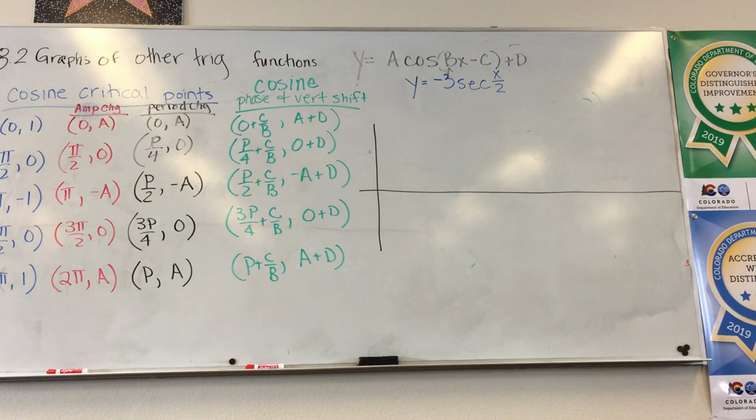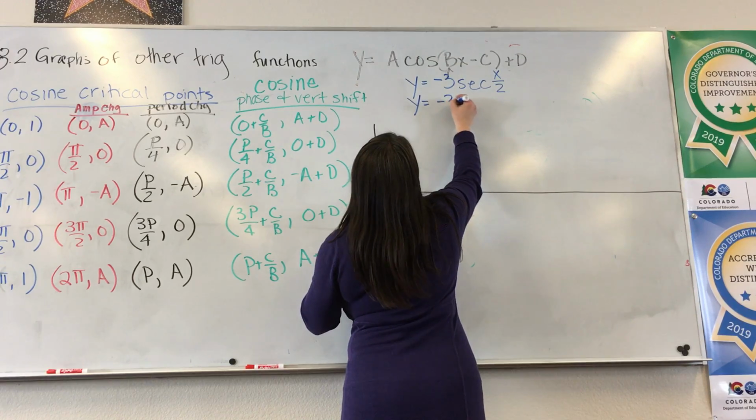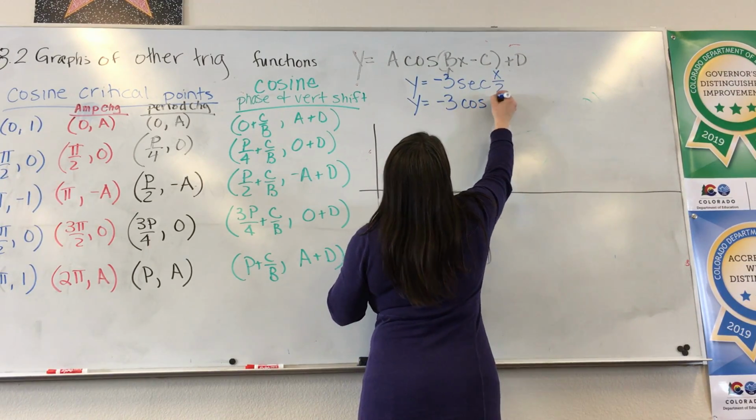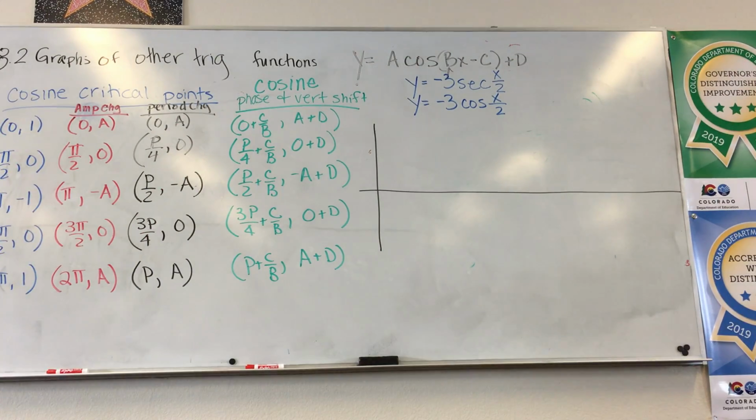So I'm gonna start by graphing the cosine. I'm gonna take this same function and graph y equals negative 3 cosine of x over 2. Before I fill in my grid, I'm gonna find the period, because that will tell me what to do with my grid.